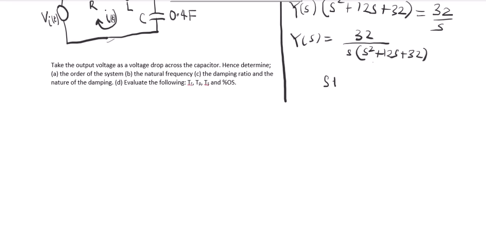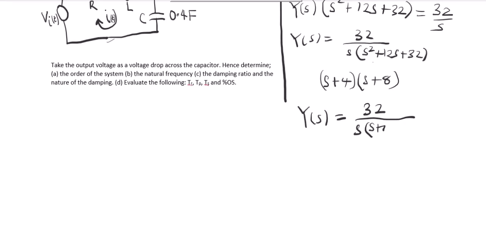Those numbers are 4 and 8: 4 times 8 is 32, and 4 plus 8 is 12. So we now have a new equation for partial fractions: Y of s equals 32 all over s times (s plus 4) times (s plus 8).